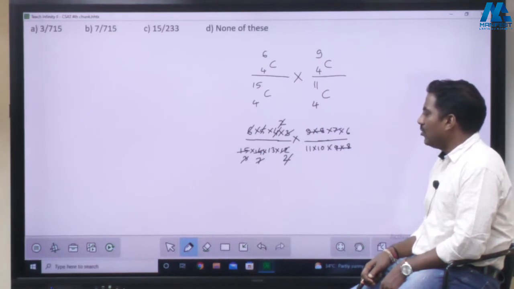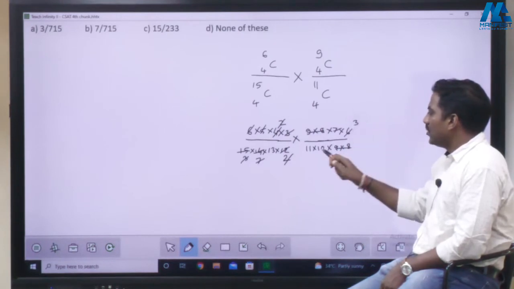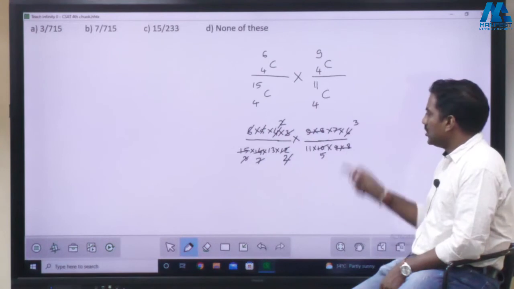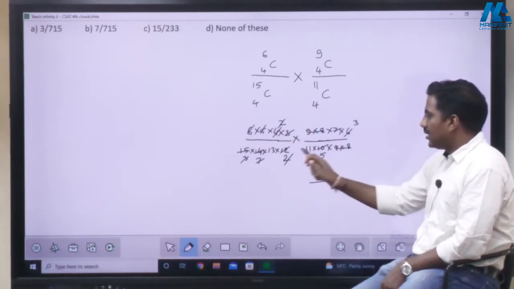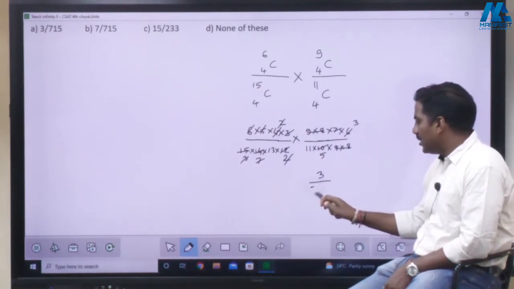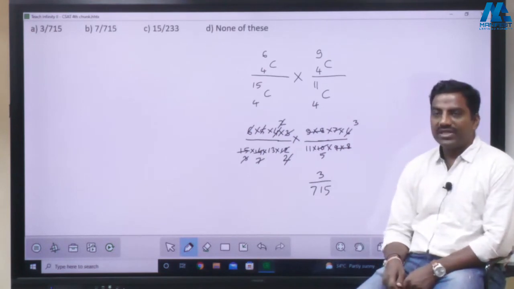So what all are remaining now? 2 threes are 6, 2 fives are 10. So only 3 is remaining in the numerator and in the denominator, 13 into 55. 750.